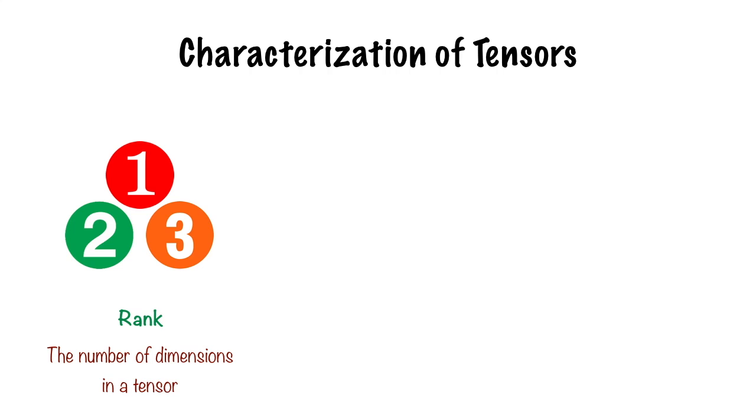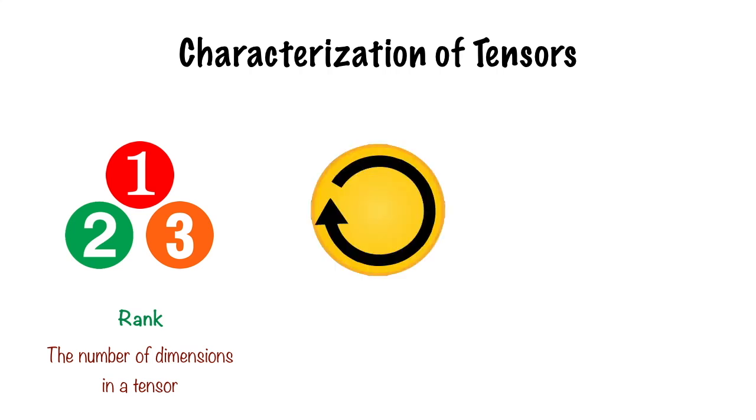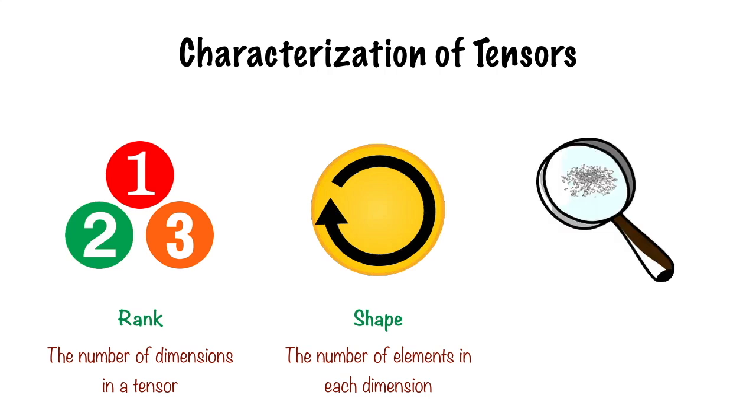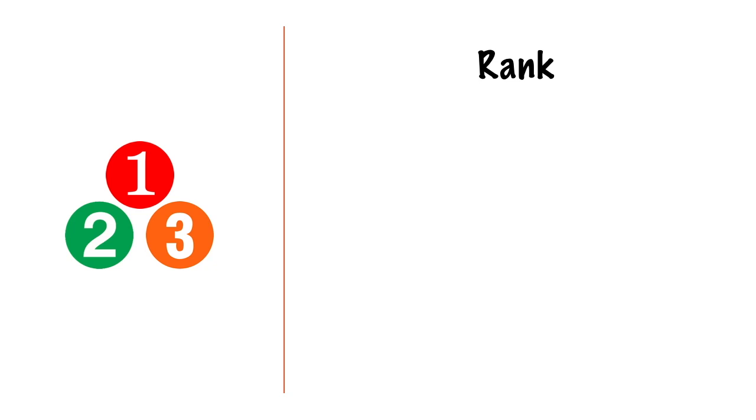So tensors have defining characteristics. In fact, they have three defining characteristics. These are the rank, which is the number of dimensions in a tensor, the shape, which is the number of elements along each dimension, and lastly, the data type. This represents the type of each element in the tensor. The type is pretty simple, but let's understand the rank a little more clearly.